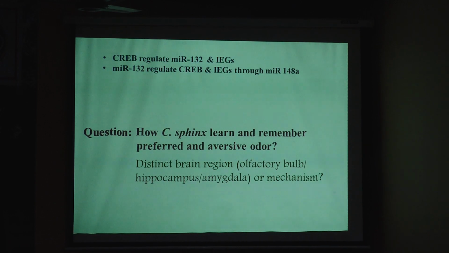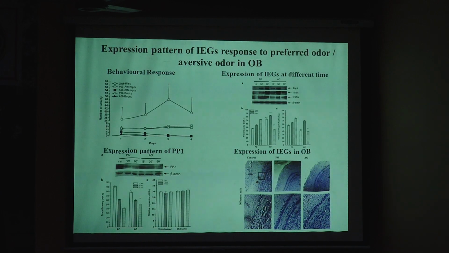So we use it as an aversive odor, and we examine different brain regions. So they showed a very poor response to the aversive one. And here is the immediate gene expression in the olfactory bulb.